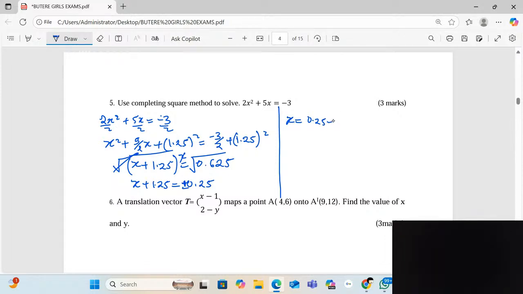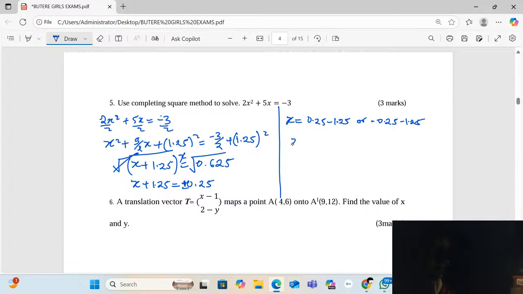So we shall have negative 0.25, then we subtract 1.25. So the value of x becomes negative 0.25, then minus 1.25.